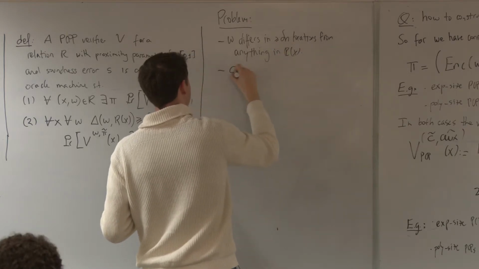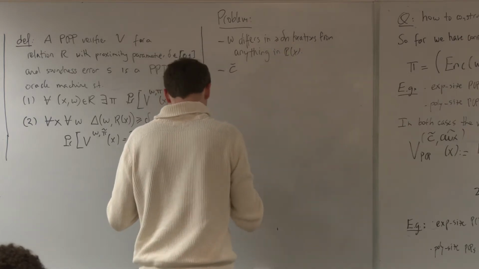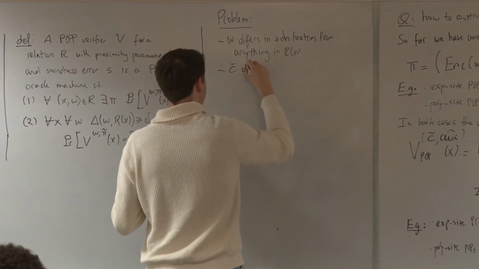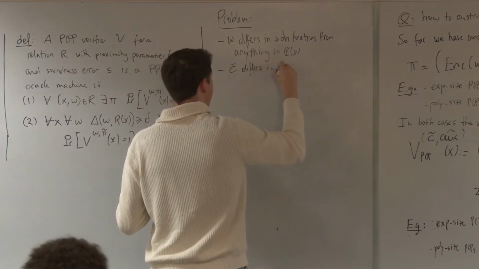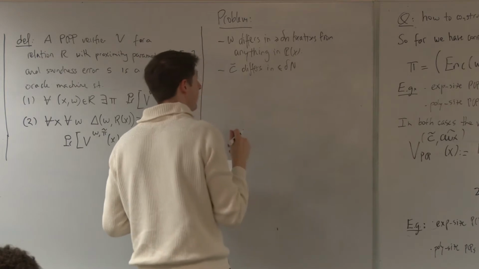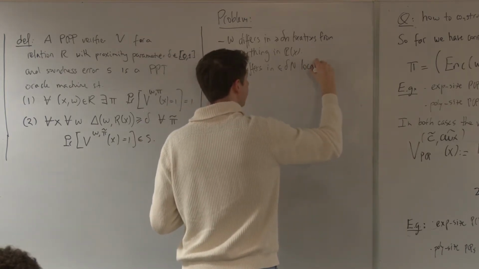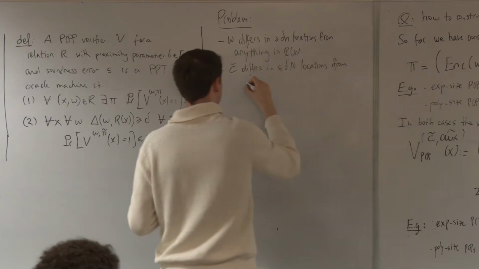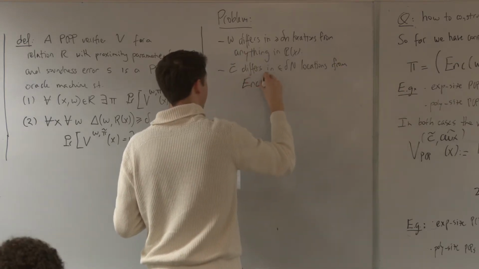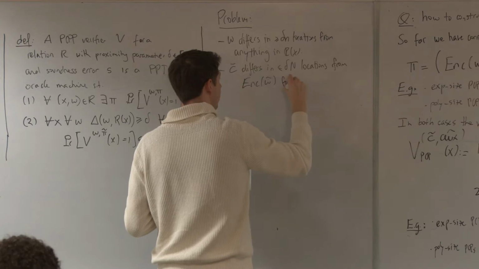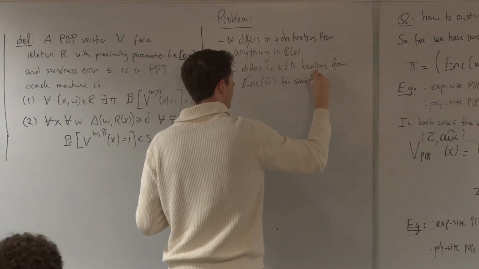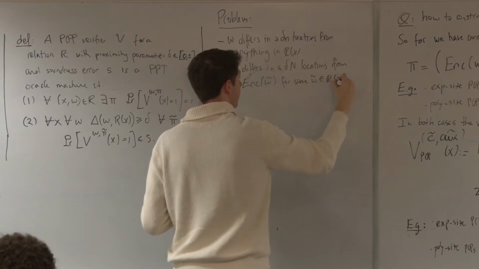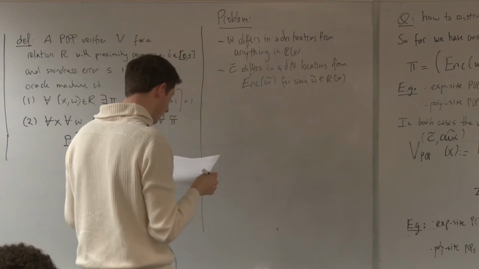Good, all right. Then C tilde differs in at most delta prime, let's say capital N, locations from enc of W tilde for some W tilde in Rx, right?